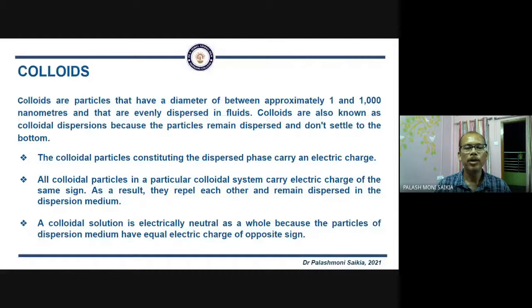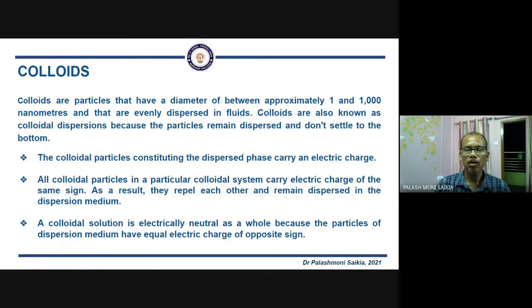Okay, before going to the main aspects, let's have a brief refresher of the word colloid that we have been learning since our school days. And in higher secondary, we have a detailed discussion about colloids. So when we say colloids, we generally mean particles, and they are definitely particles of nano size, and we keep the range between 1 and 1000 nanometer.